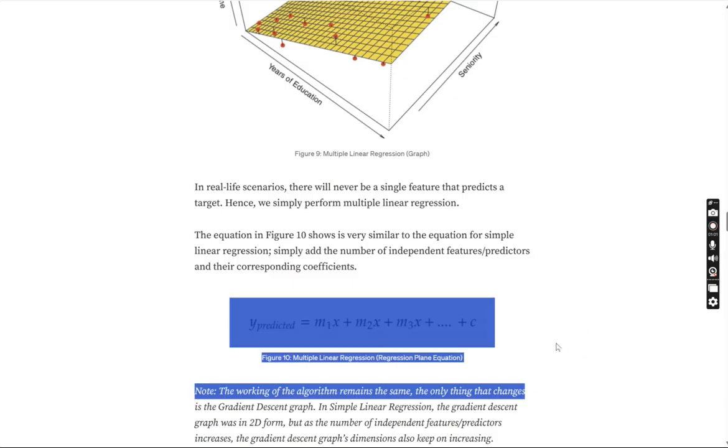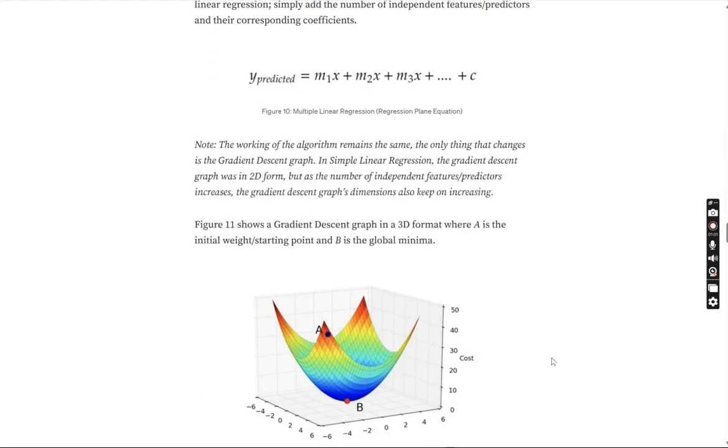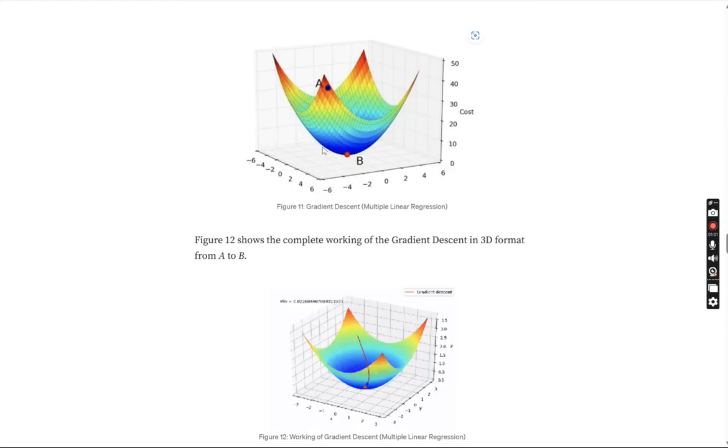Is this clear? Yeah. So this way it will look, it will be a plane. The plane will start at a randomly initialized slope. From there it will keep on multiplying the learning rate to come down to the least minimum point. What you have on the y-axis is the loss function, which is being decreased, and what you have on the x-axis is the slope.